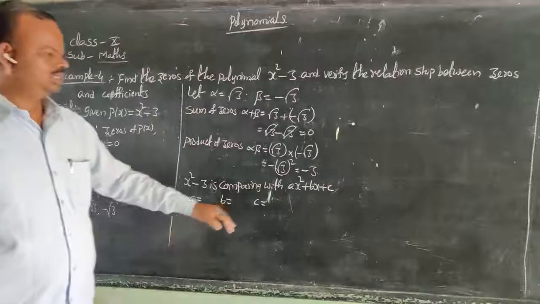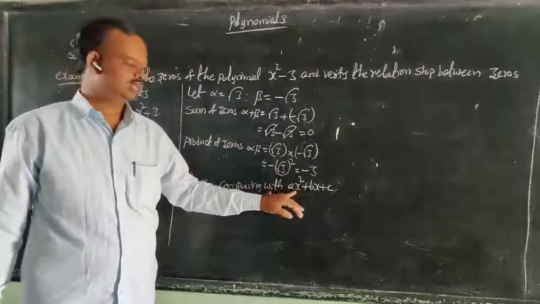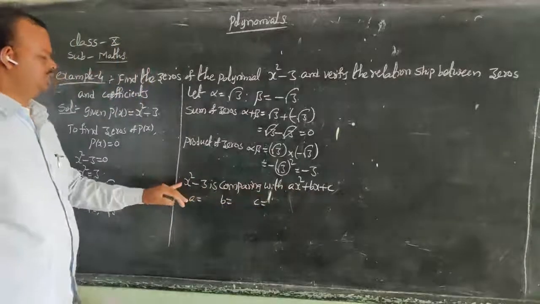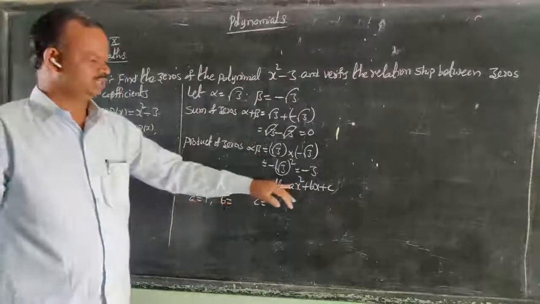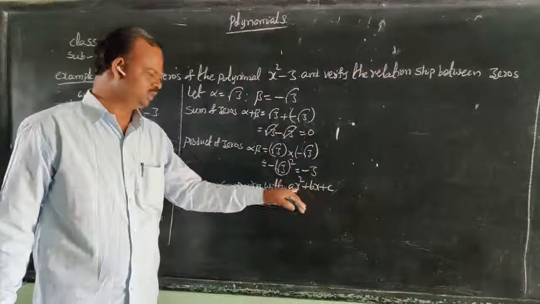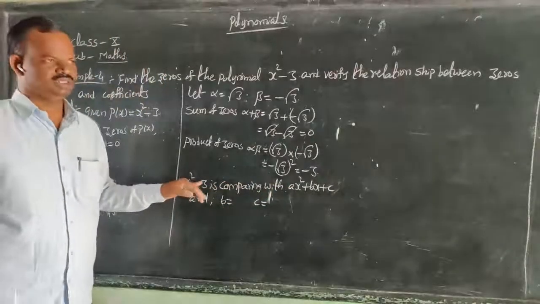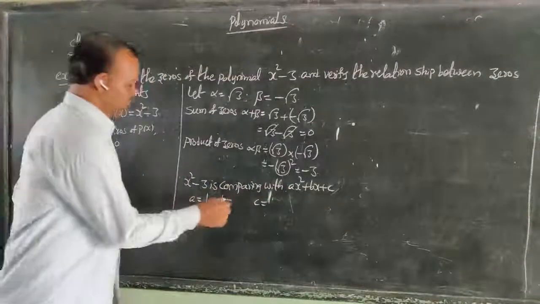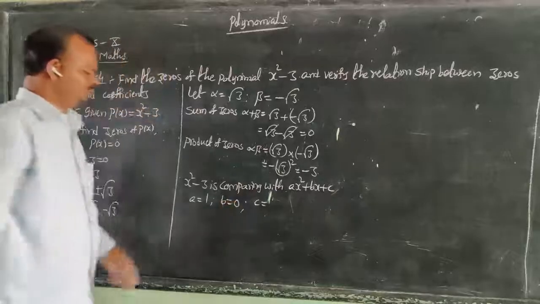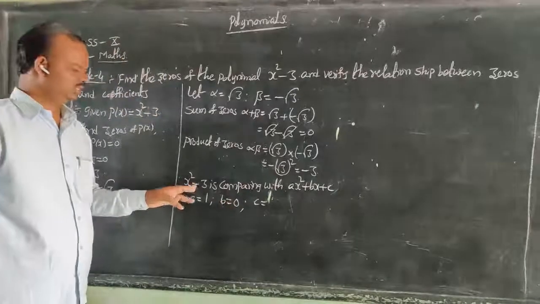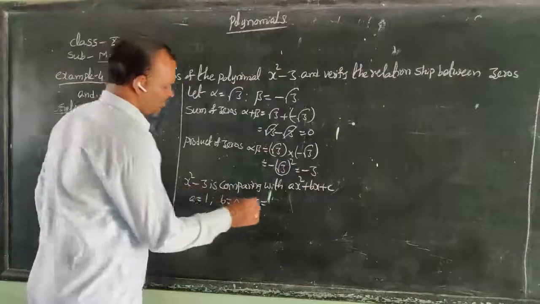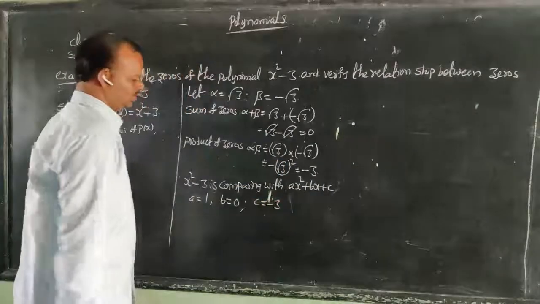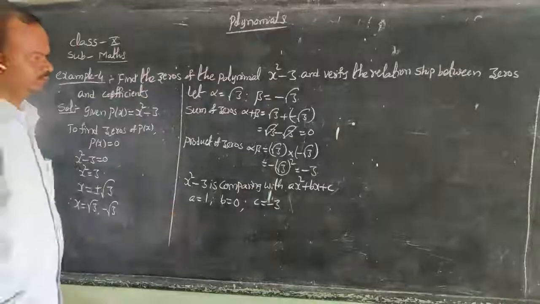Here a means coefficient of x square, which is 1. And b means coefficient of x. Here there is no x term, so it is taken as 0, that means 0 into x. And c means the constant term. Here the constant term is minus 3.